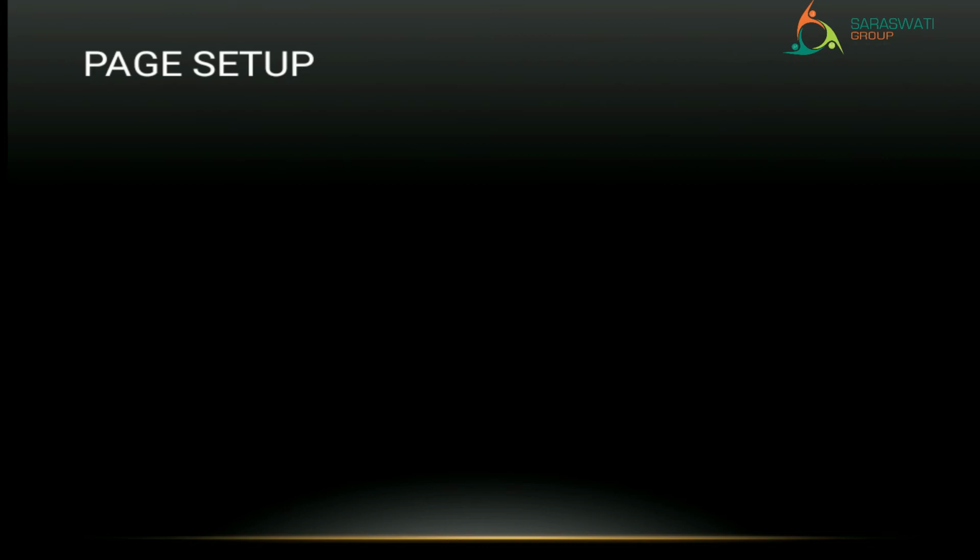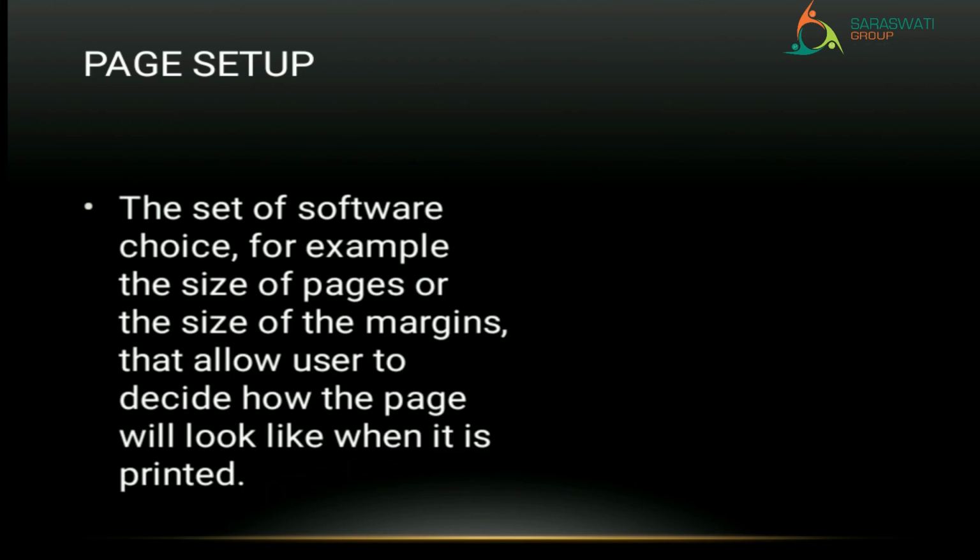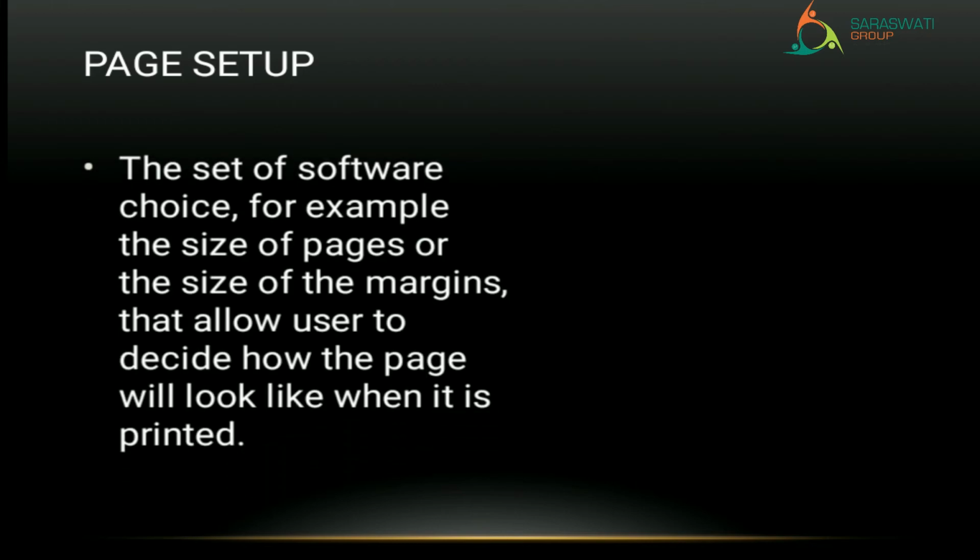The way your notebook has a margin or columns, in the same way in a computer we can also set up a margin and columns so that when we take a print we can know how it will look, right? So see the meaning of it. The set of software choices, right? For example, the size of the pages or size of the margins that allow the user to decide how the page will look when it is printed.